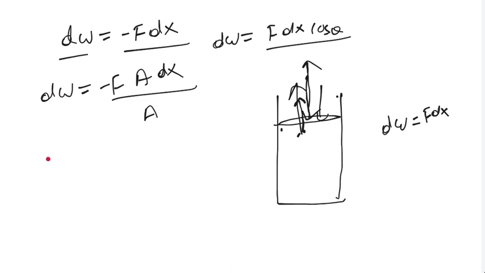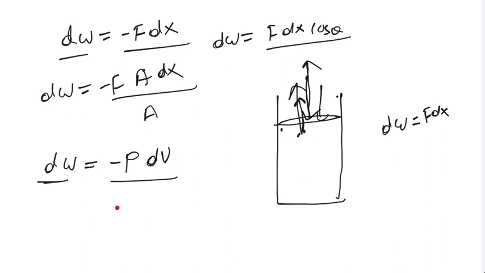So the equation will become dw equal to F by A, force by area, which is pressure. This is area and this is another length, so area into length is volume. So dx gives the volume dv. So dw can be written as minus p dv.